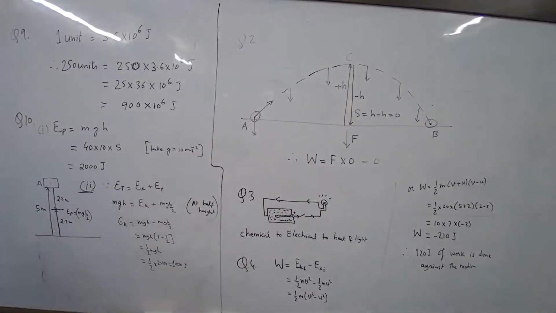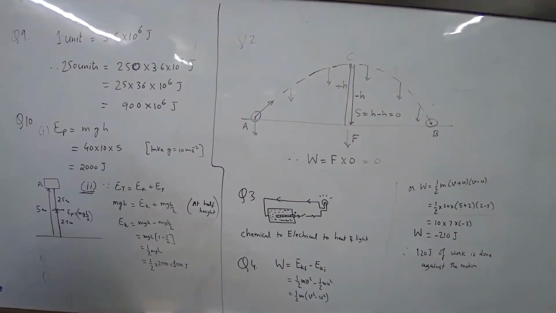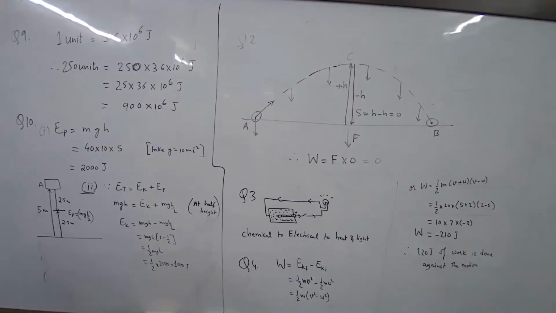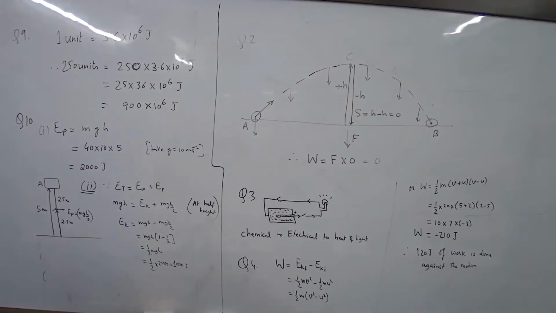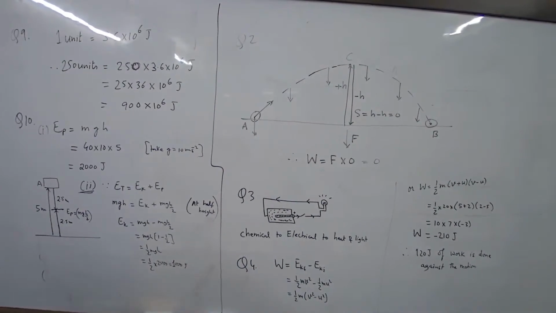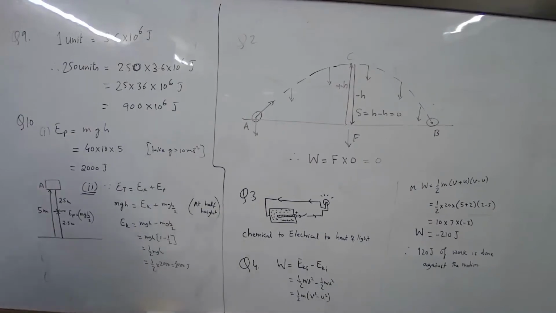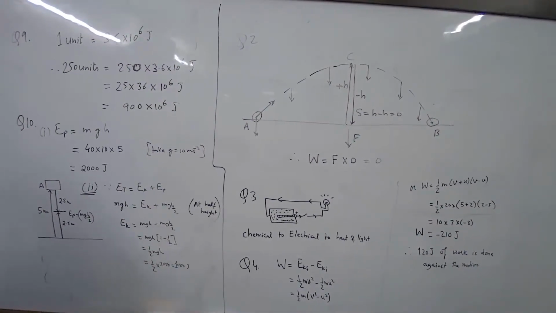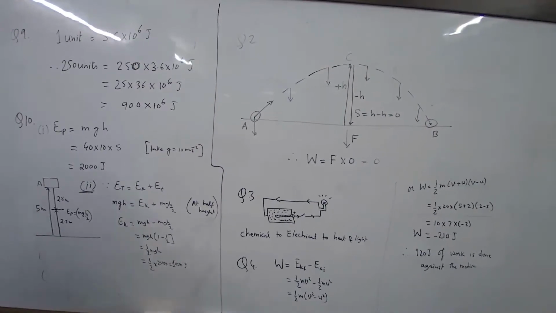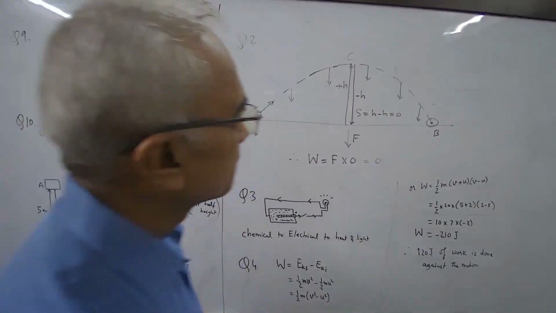Okay. Next. What is the work done by the force of gravity on a satellite moving around the Earth? Justify your answer. So it is like question 2 only, because the displacement will be perpendicular to the force of gravity, so zero work done.